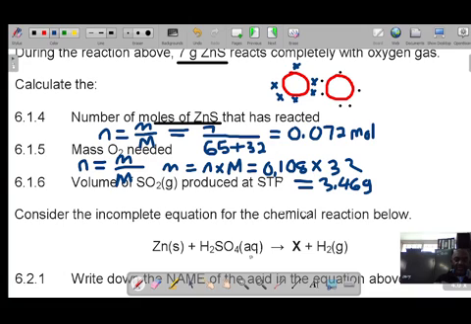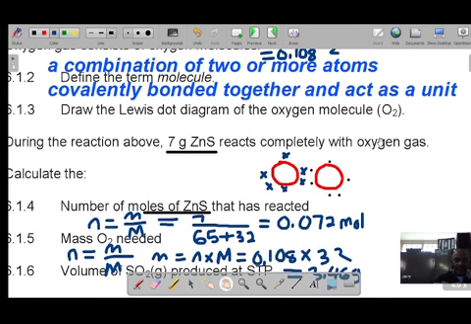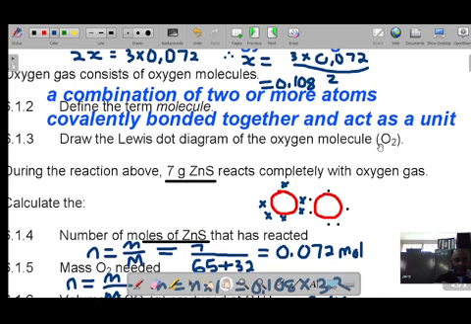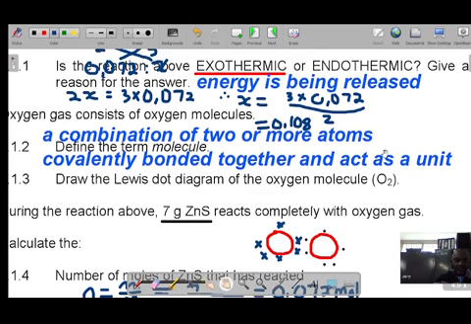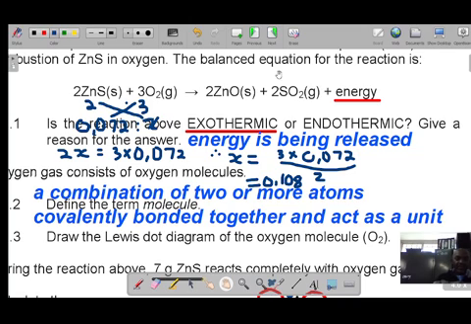So I scroll up to get my number of moles of sulfur dioxide produced. Now fortunately, the 2 moles of zinc sulfide produces 2 moles of sulfur dioxide, which means the number of moles of zinc sulfide is the same as number of moles of sulfur dioxide.